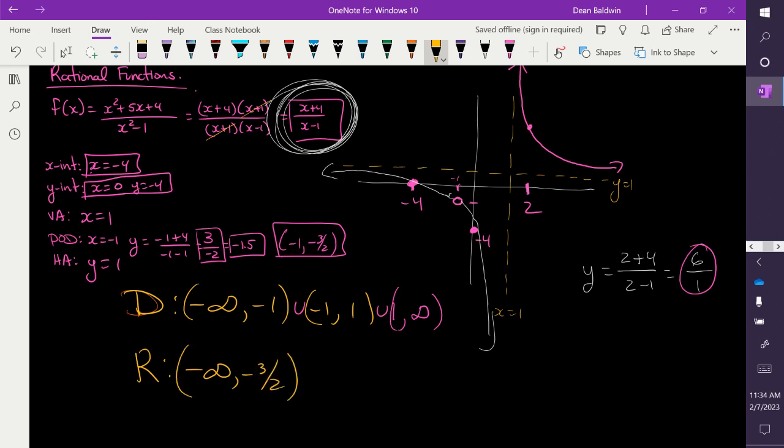Boom, boom. Can't be either one. Then we go from there all the way to 1, right? -3/2 to 1. And then we go from 1 to infinity. Those are really bad infinity signs. Looks like a fish. Yeah, whatever. We'll go with it.